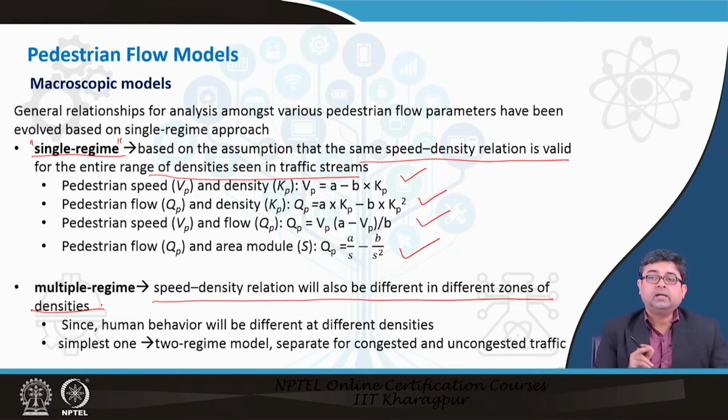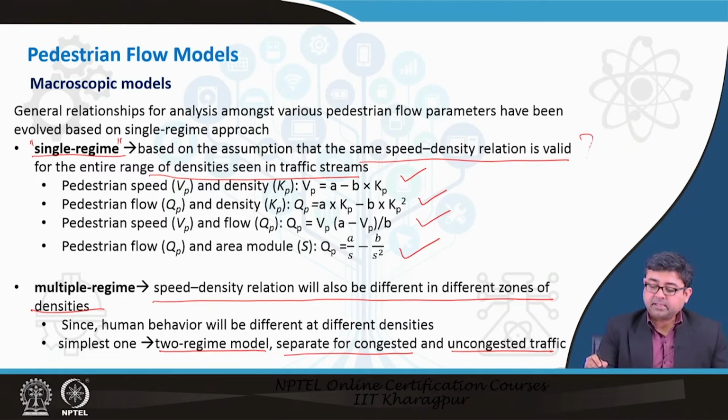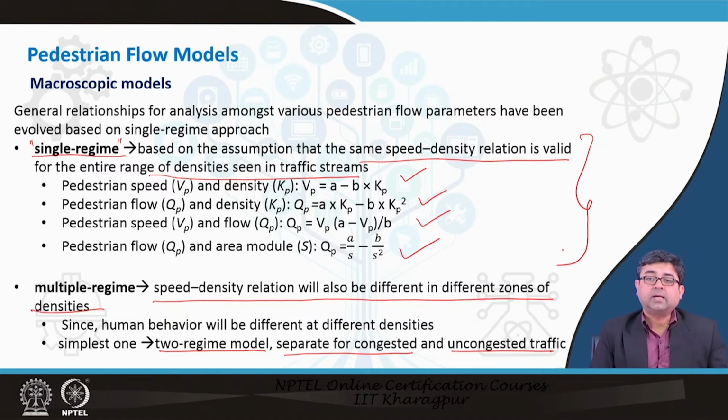They are saying that there are multiple regimes, two regime models, separated for congested and for uncongested. Whereas, for simplicity of understanding, we have looked so far at all of these models as just single regime models. So, we are not making any distinction between uncongested flow and congested flow.